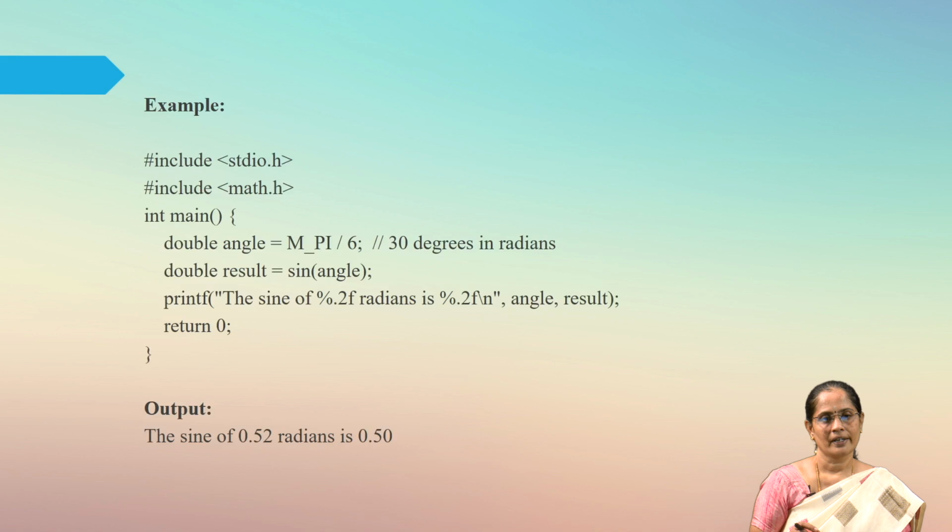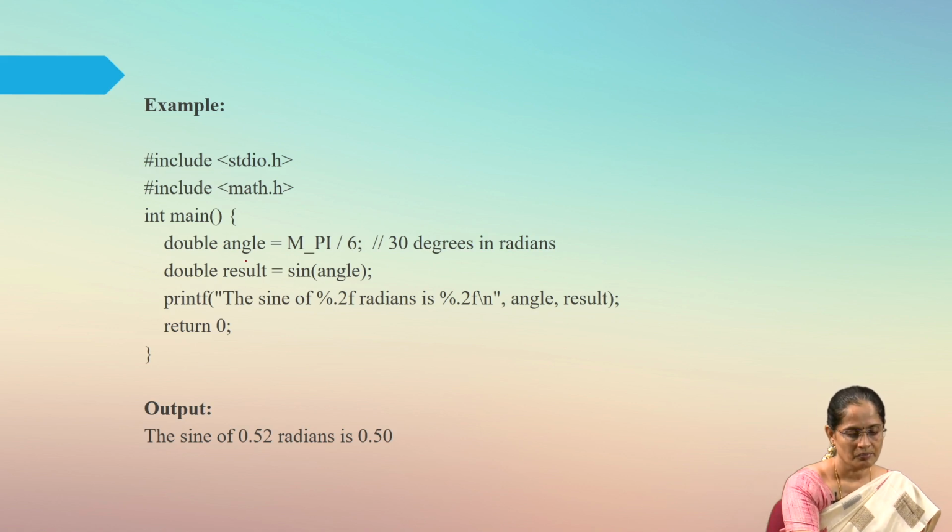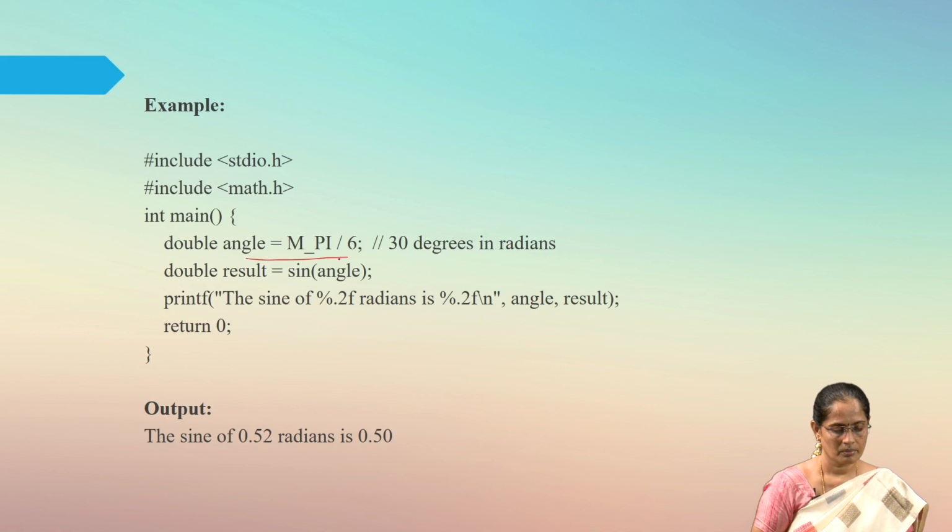As an example of using the sine function, let us find the angle in radians. For finding the angle in radians, we will use pi divided by 6, and that corresponds to 30 degrees.